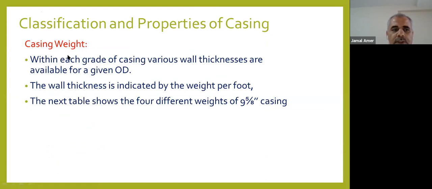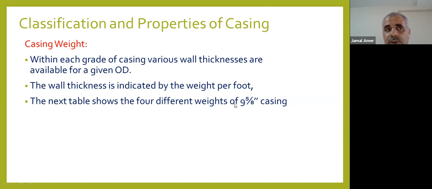Here we will talk about casing weight. What is meant by casing weight? Each casing has a different ID. For example, take a 9.58 inch OD. The OD is the same, but we have different weights for the same OD.